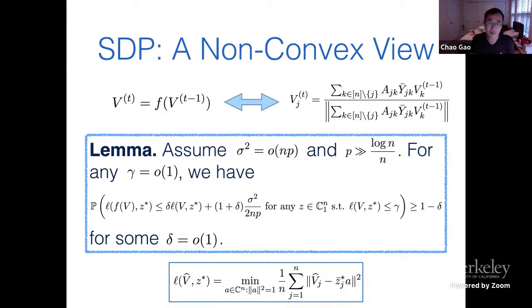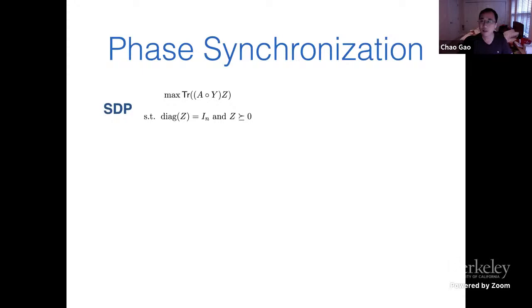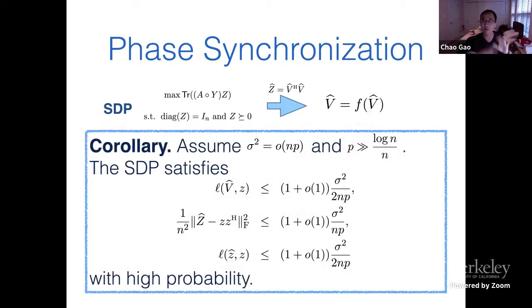Okay, and with this lemma, we immediately write down the statistical optimality of SDP by realizing that the solution of SDP can be factorized as V hat transpose V hat, where V hat satisfies the fixed point property. SDP achieves statistical optimality in these loss functions.